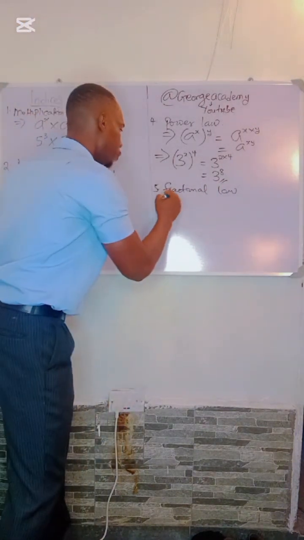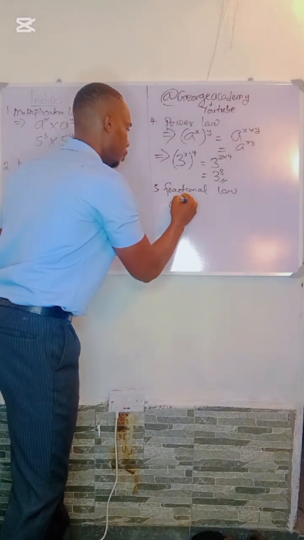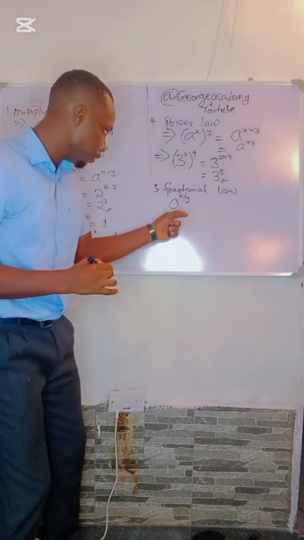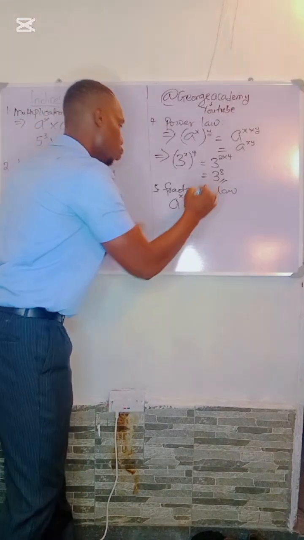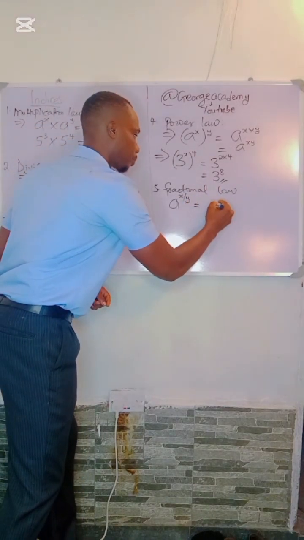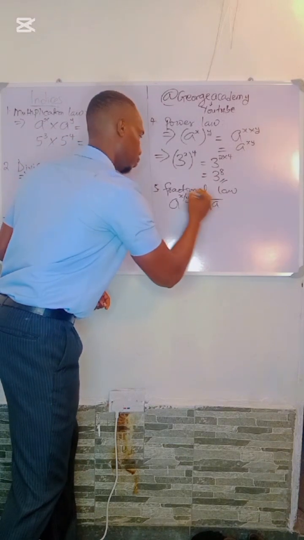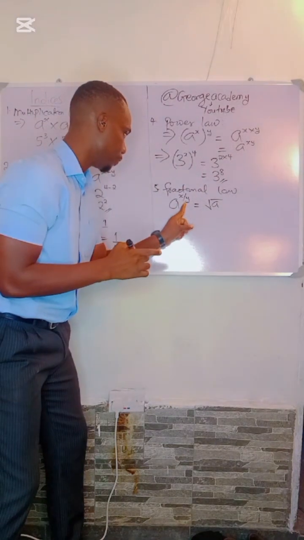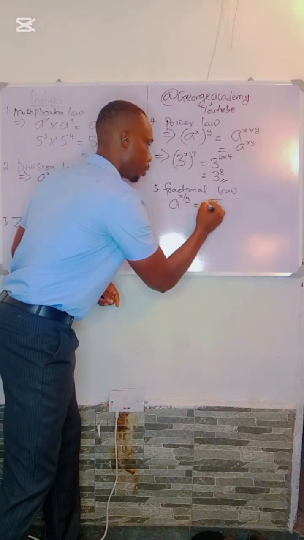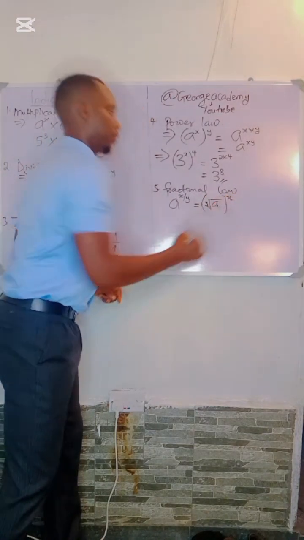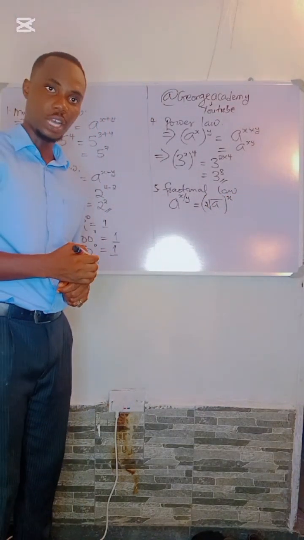So if you have a raised to the power of x all over y, this is a fraction. So the result will be a, this base here, the y becomes the root, all raised to the power of x. Have you seen it now?